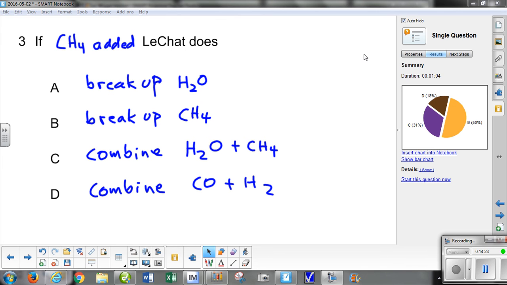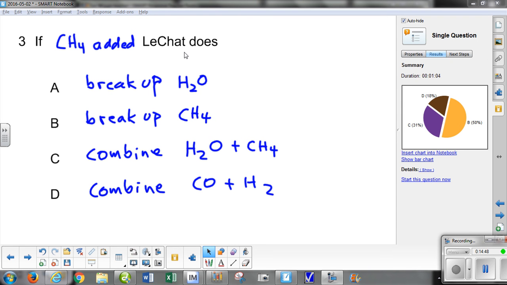Okay, I had the same spread last period, and let's find out what's wrong and why this would have to be. Are we going to break up CH4? Okay, so why are we going to break up CH4? Because CH4 was added, so we've got to break that stuff up.